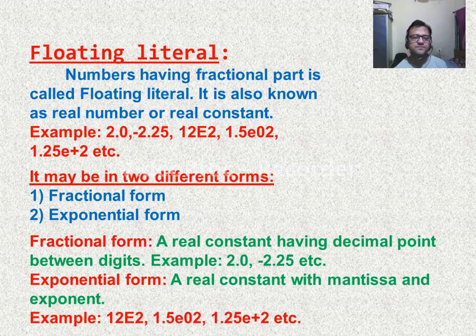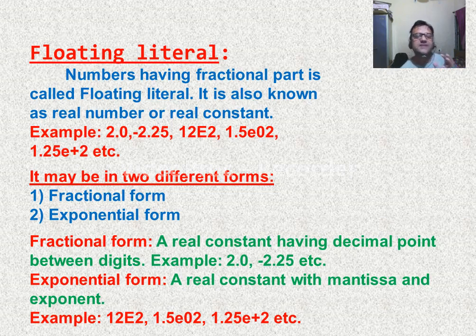That means, as per the examples, in some of the numbers where e is used, then definitely this floating literal is not simply represented with a fraction, so maybe represented with e.